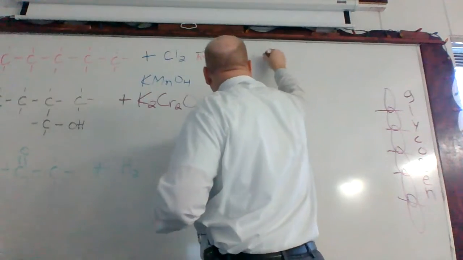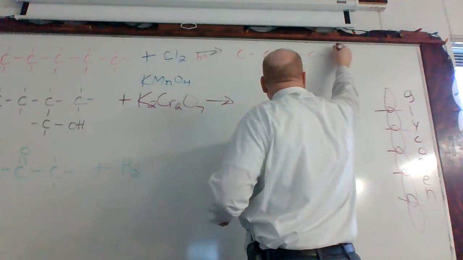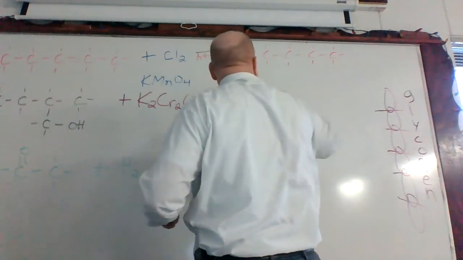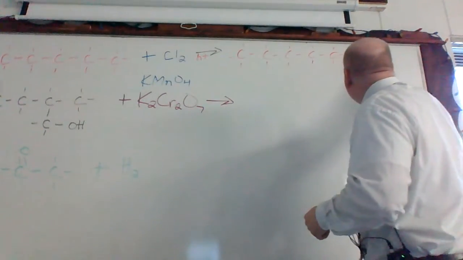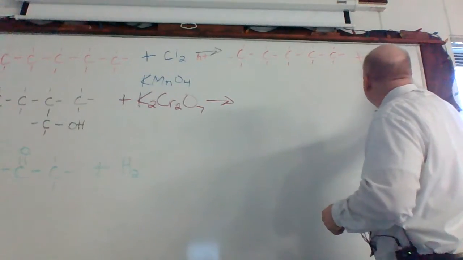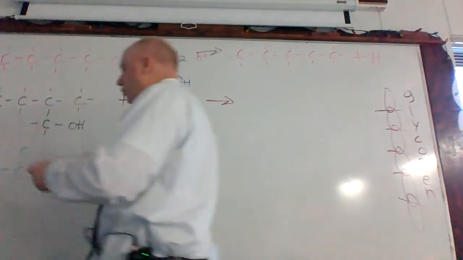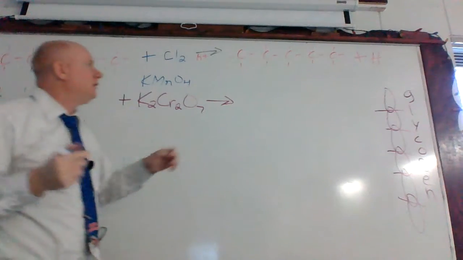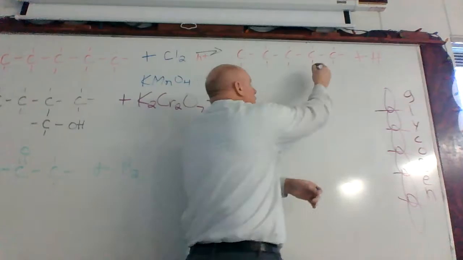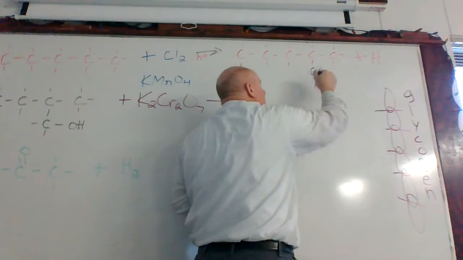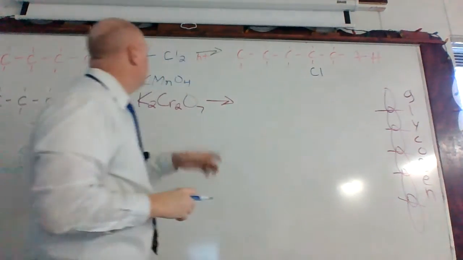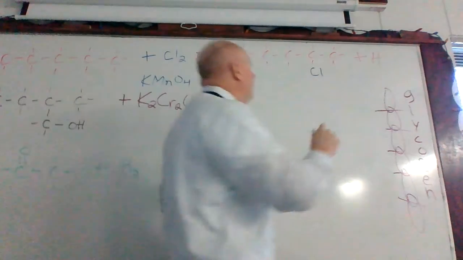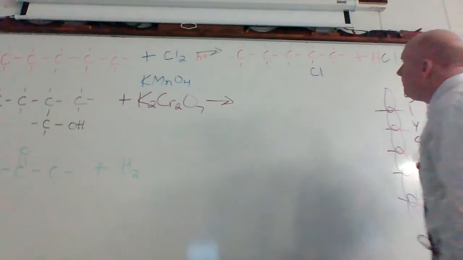We still have all of these carbons, but somewhere along the lines, one of them hydrogens got pulled off of there, and what's going to take its place? I'm going to put a chlorine there. And then how many of these do we have? 2. So we've got plus HCl.